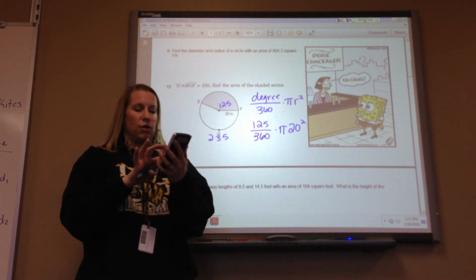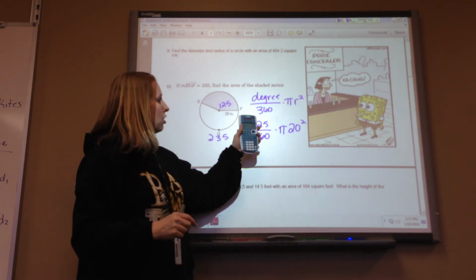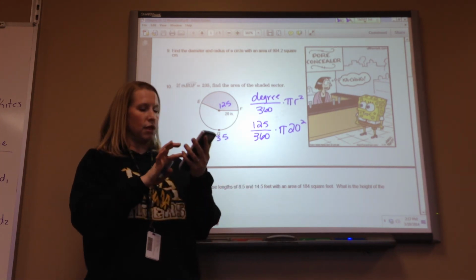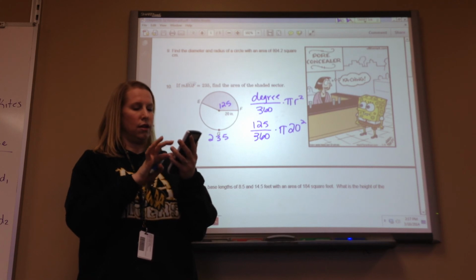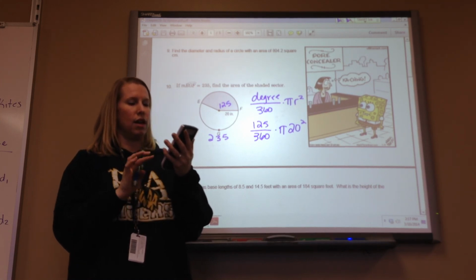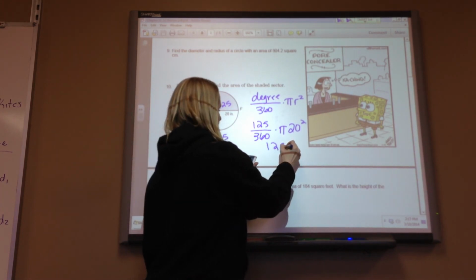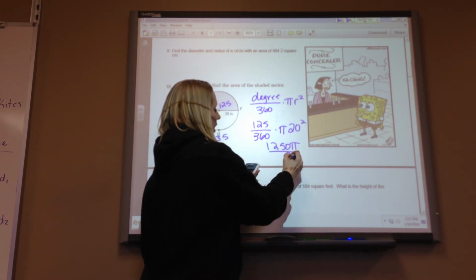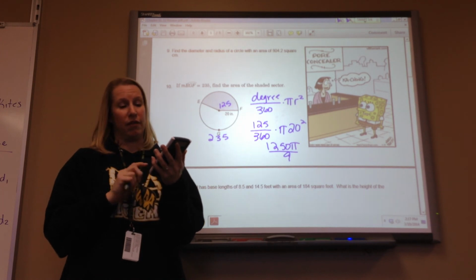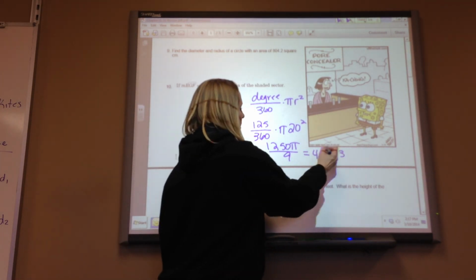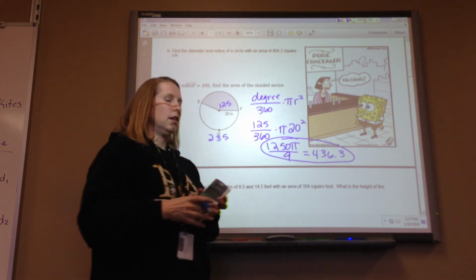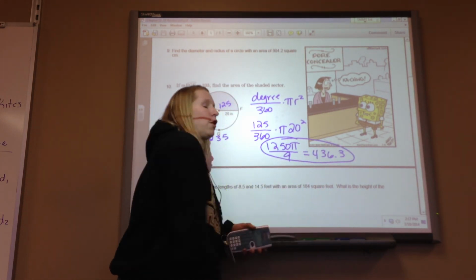Type that in the calculator, 125 over 360, I just use the n over d button, times pi 20 squared. I got 1250 pi over 9, which is the answer I prefer, or if you change it to a decimal, 436.3. Okay, first page done.